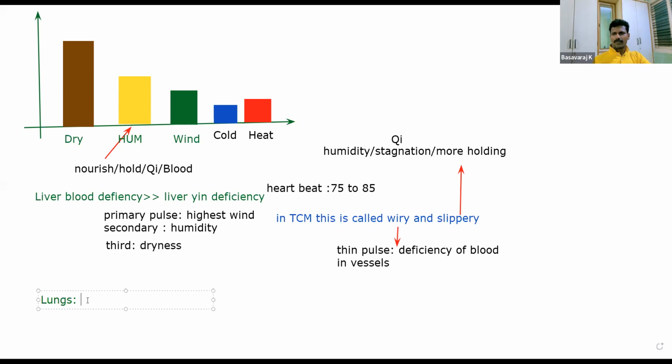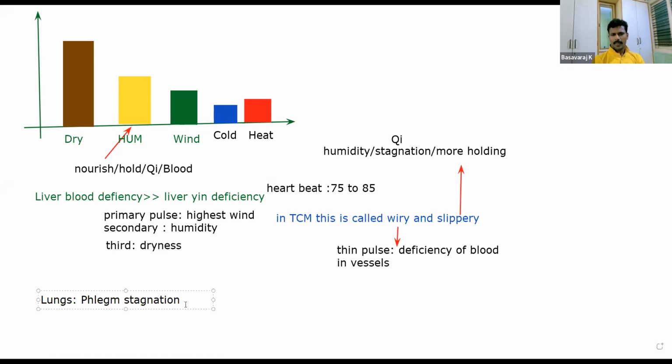Now, if anybody is feeling the pattern, along with the dryness there is humidity. As I told, humidity is responsible for holding and stagnation. So in the lungs the patient will feel phlegm stagnation. Why?